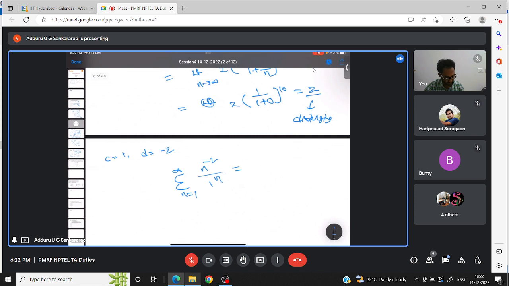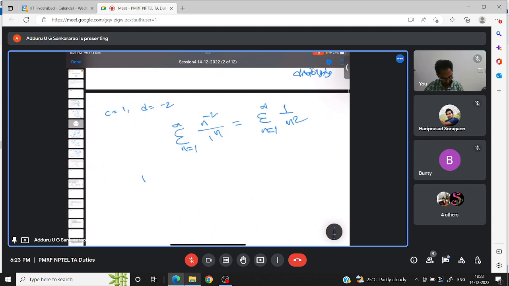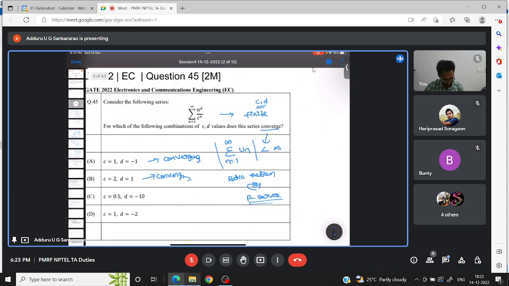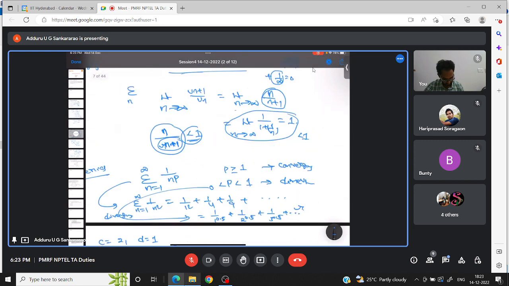So this is sigma n equal to 1 to infinity 1 by n square. So using the p series, we can say this is converging, right? That's what we said somewhere here, p series.